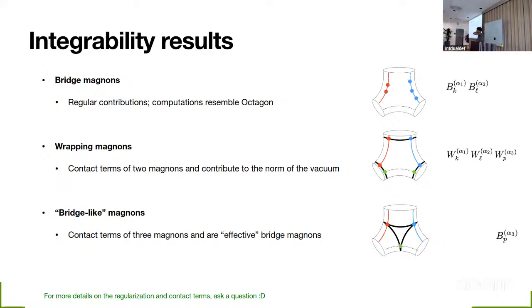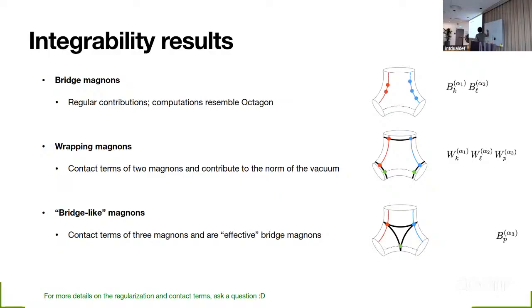How do you do localization in these orbifold theories? The theory is just some quiver conformal theory, and you have the action of the matrix model that you get after localization, computed by Pestun.